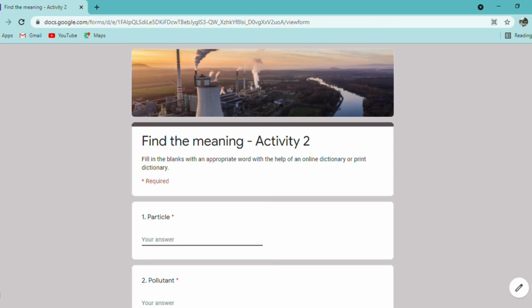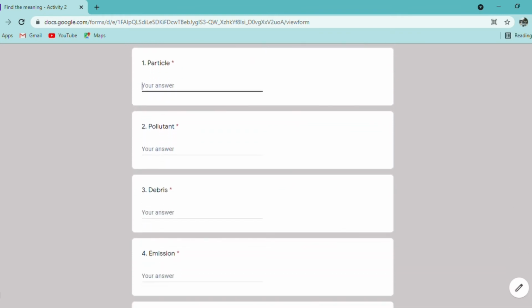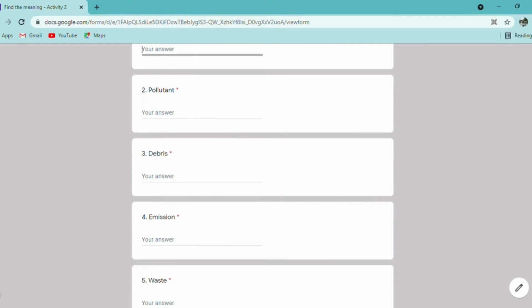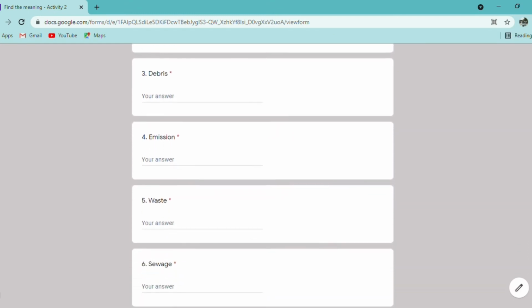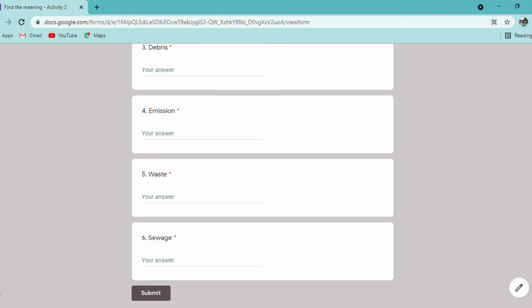As you can see, these are the 6 different words given to you, and you need to fill in the blank with the correct meaning of each word. Once you are done, you can click on the submit button down there. You are given 5 minutes to answer all the questions, and after that, we can discuss together. Good luck!